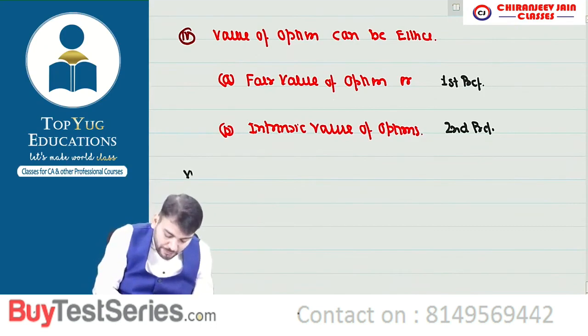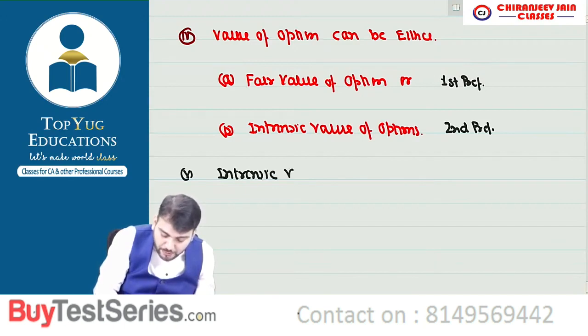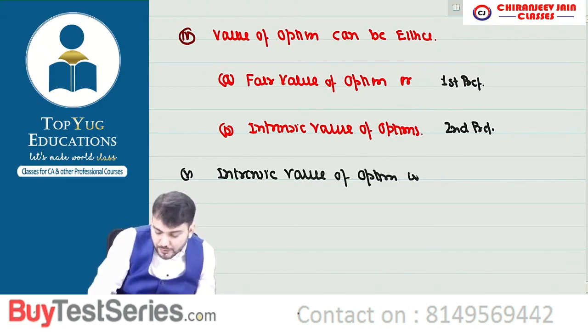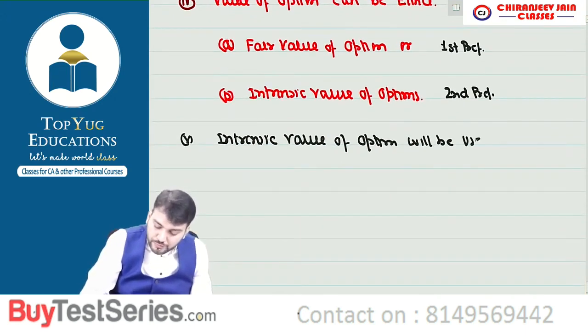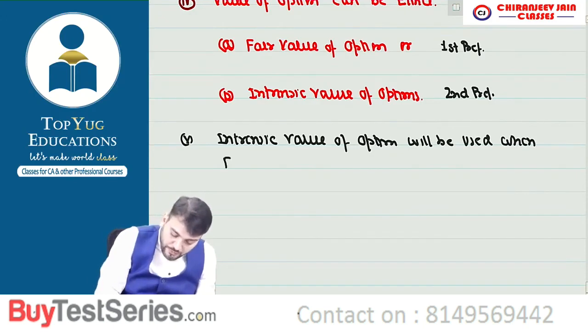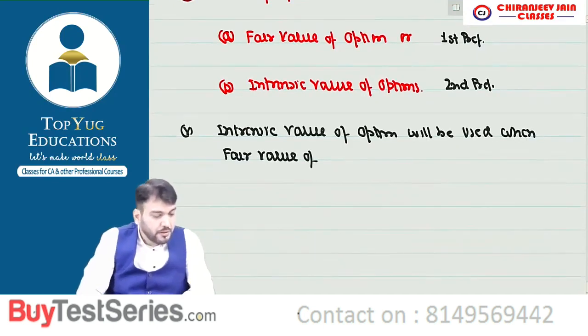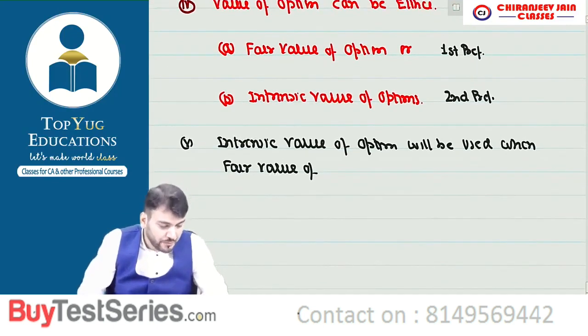So write point number 5. Intrinsic value of option will be used when fair value of option is not given in the question.